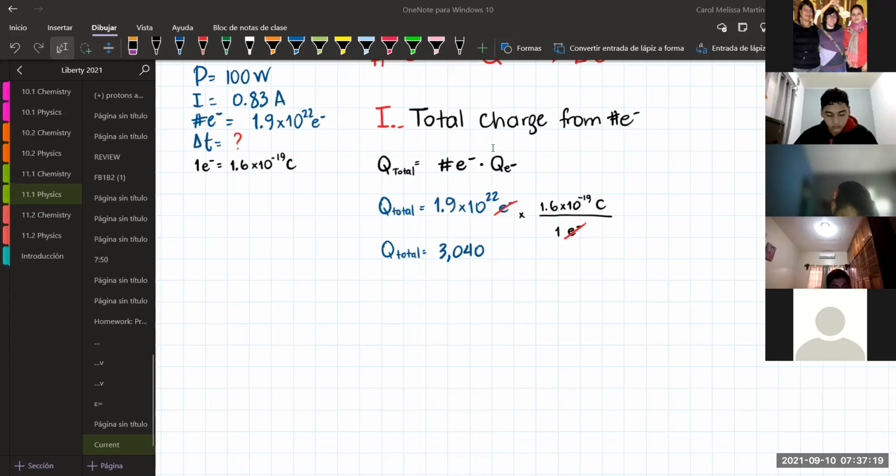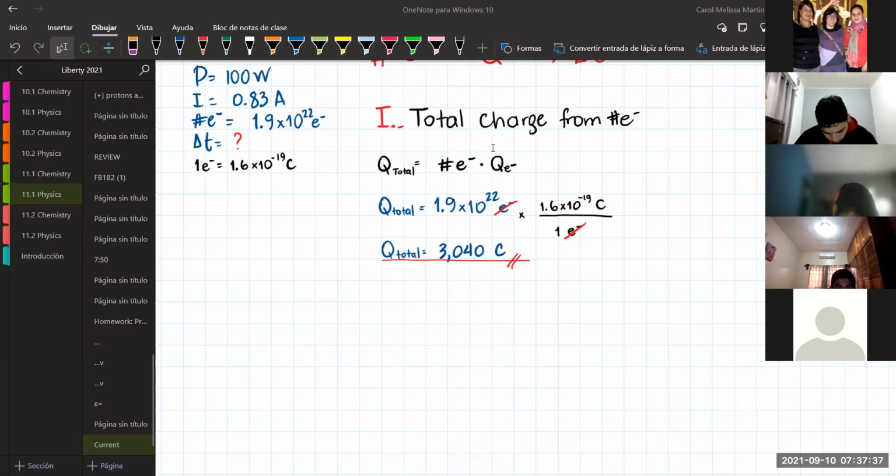These are coulombs. So this is the total charge for all these electrons. But this is not what we are looking for. We are looking for the time.